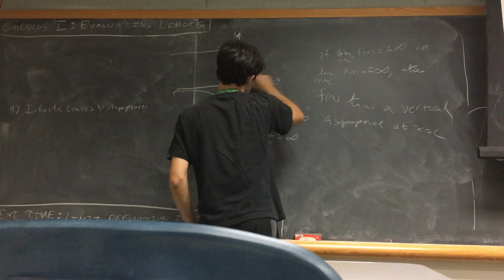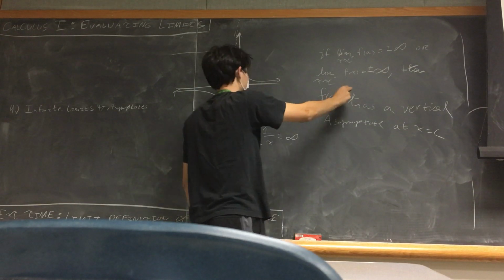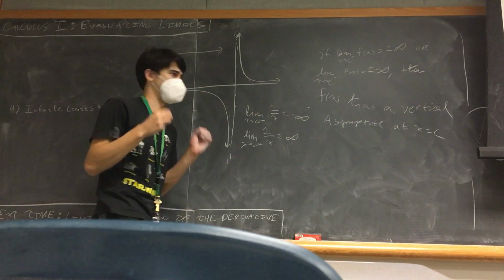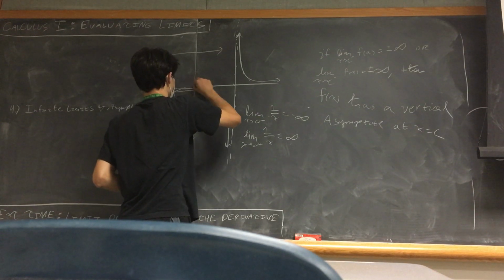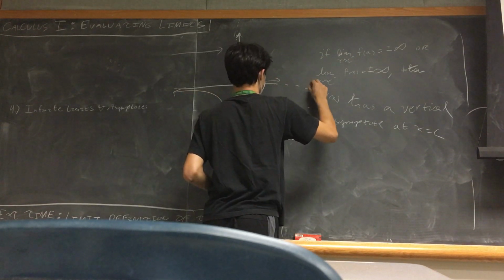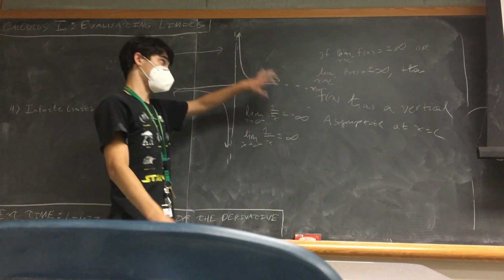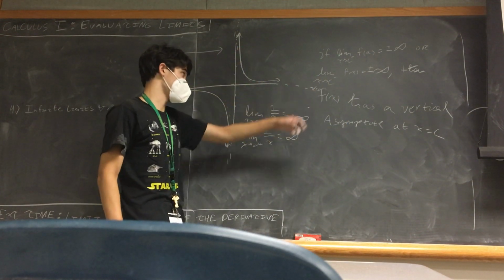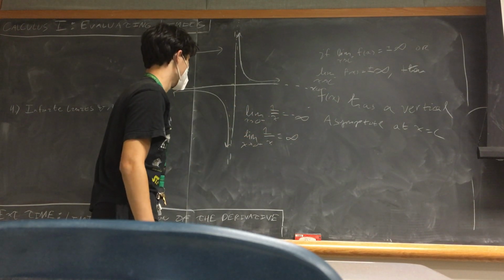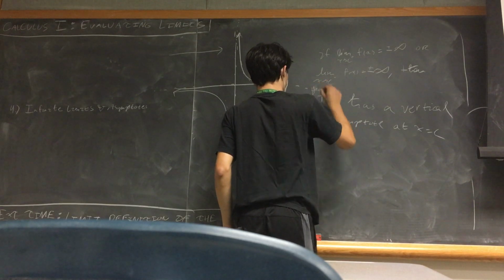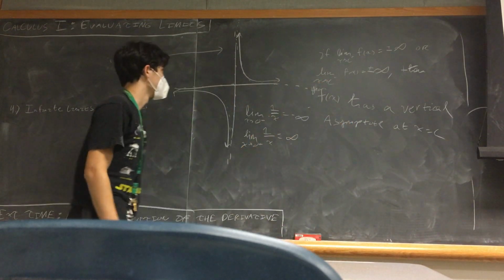It will get very, very close to y equals 0 as x approaches infinity, but it will never get there. So we say that this function has a horizontal asymptote at y equals 0, meaning it gets closer and closer to this value of y equals 0, but it never gets there.